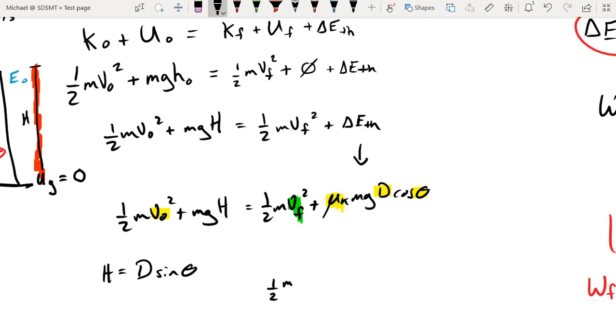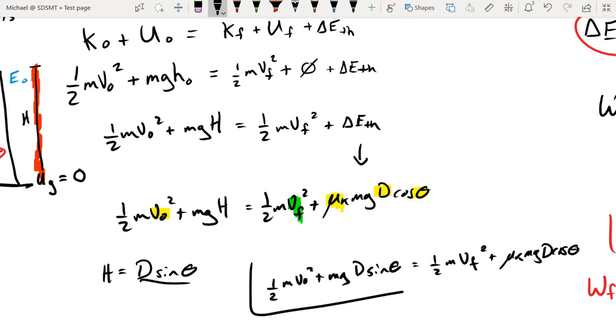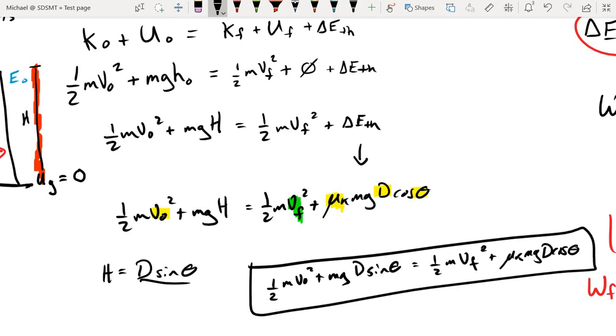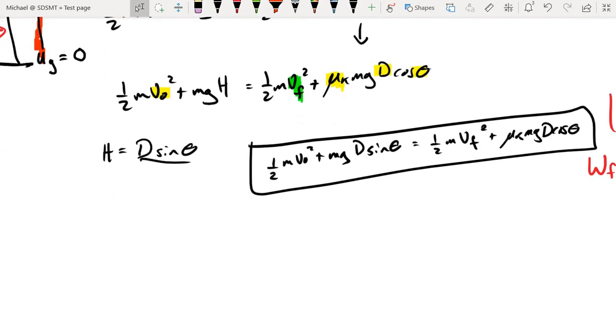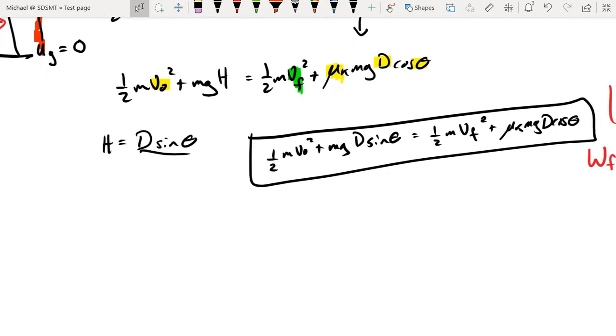So we have 1/2 mv naught squared plus mg h, which is d sine theta, equals 1/2 mv final squared plus mu k mgd cosine theta. Okay, so that looks like a lot of stuff, but as we said, the mass is going to cancel out from all of our terms.